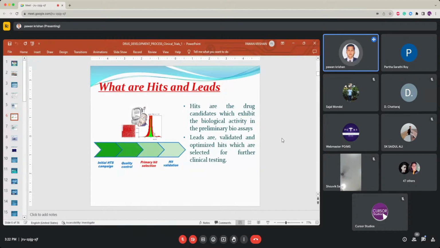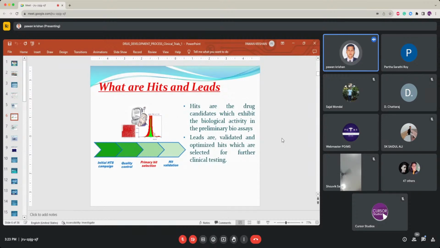For the participants, it's very important information when we talk about why it takes so much time to discover or develop a new drug. Basically it is an enormous work involving a large number of permutations and combinations of designing and synthesizing various molecules, thousands of molecules, and out of those thousands of molecules, they are then tried for their activity.